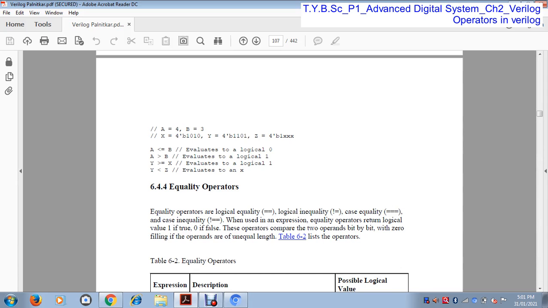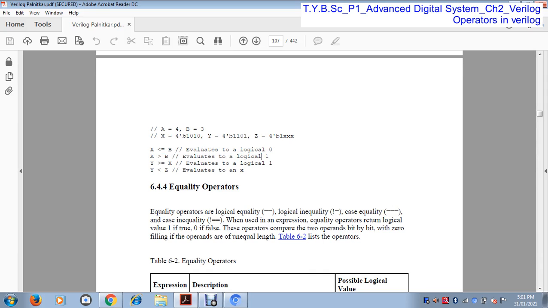a less than or equal to b. But the value of a is 4 and b is 3, so a is greater than b, but here the condition is a less than or equal to b. So this expression is false, so it gives the result 0, logical 0.